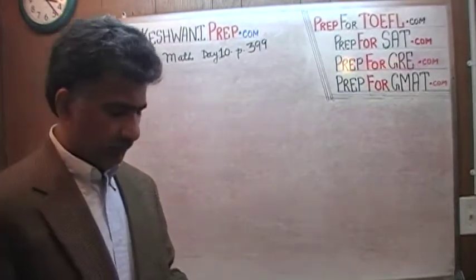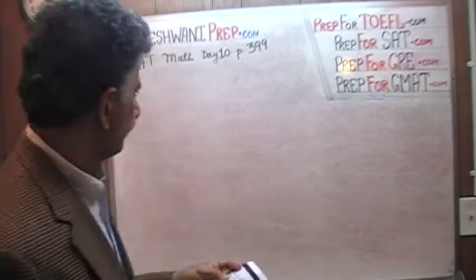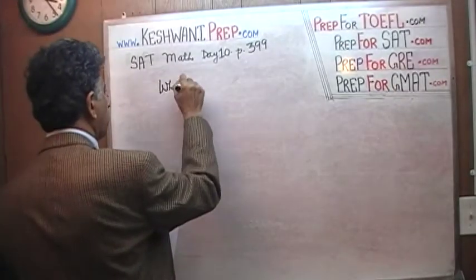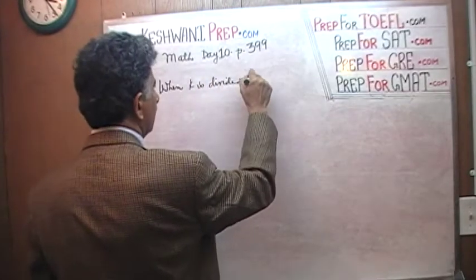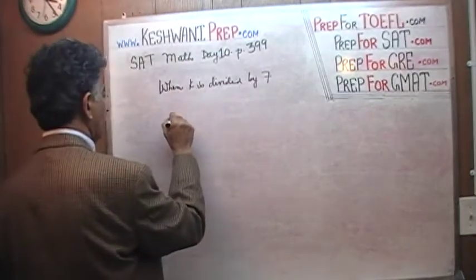It says, when a positive integer k is divided by 7, the remainder is 6.